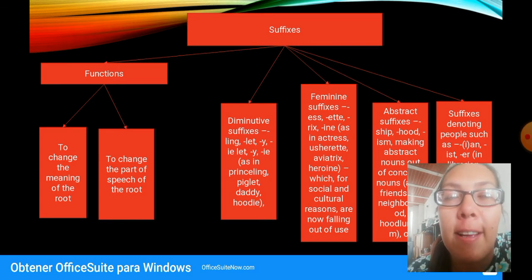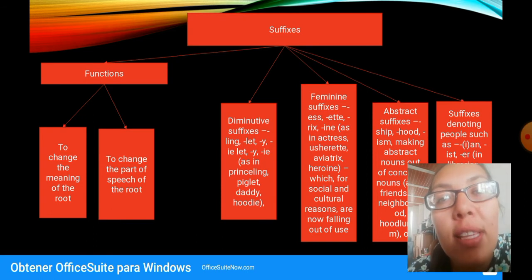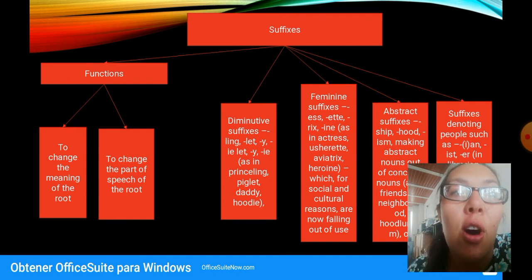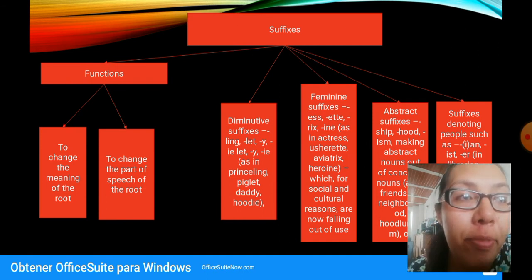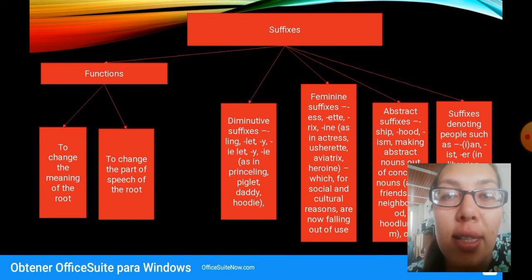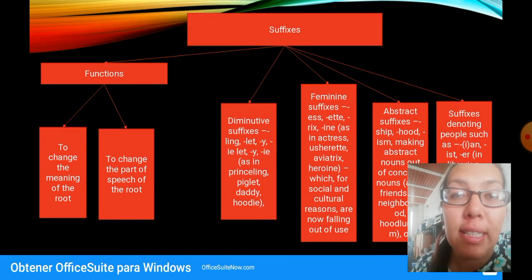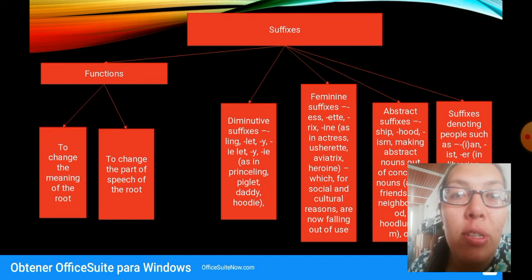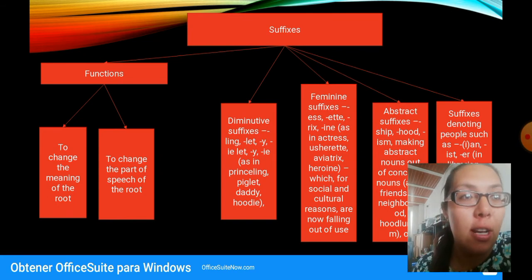Many kinds of suffix are the diminutive suffix, feminine suffix, abstract suffix, or the suffix that denotes people. For example, when you talk about nationality, you have a country. Example, Canada. When you add a suffix, Canadian is the nationality. This is an example according to the use.